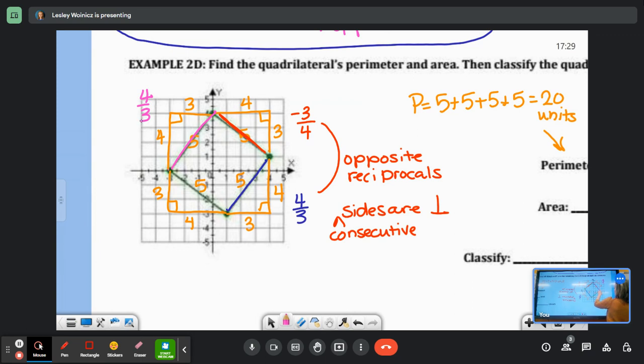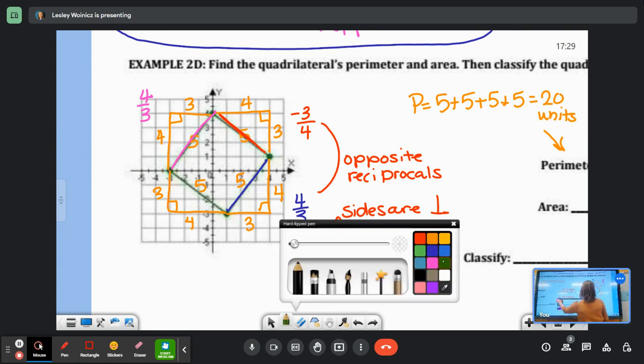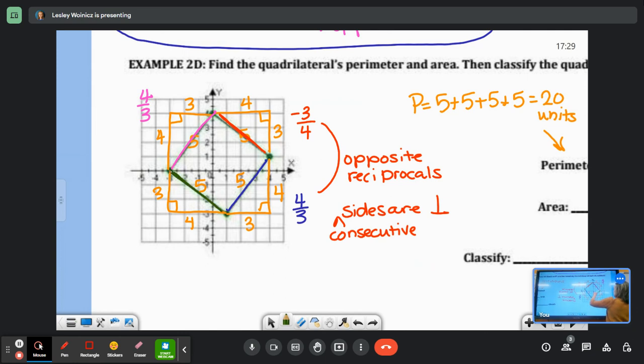This one goes down 3, right 4, so this one here is -3/4. And you can see as we go around the sides, they're all opposite reciprocals when you look at the consecutive side pairs. So this is a special rhombus that is also a rectangle. We know that it's a square.